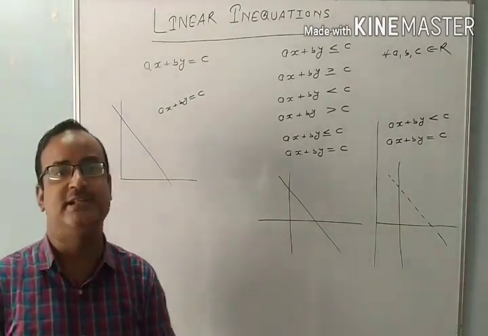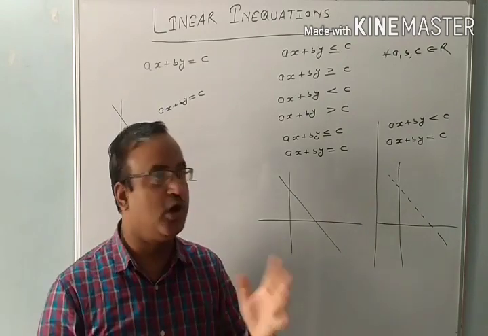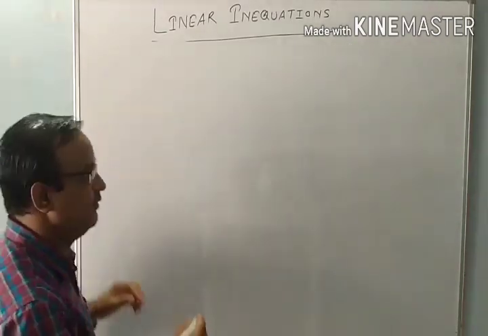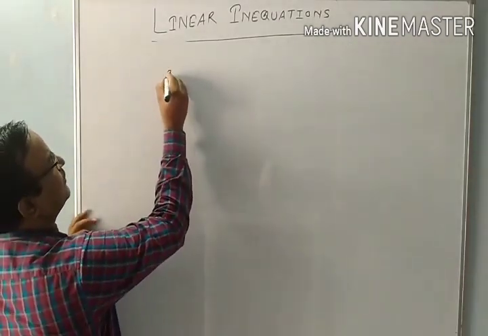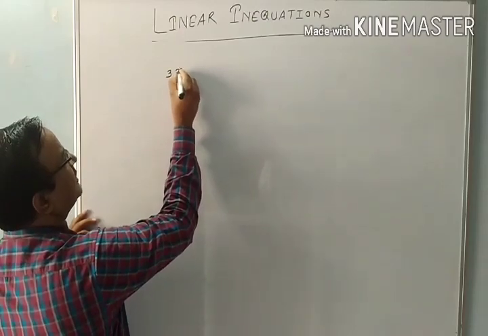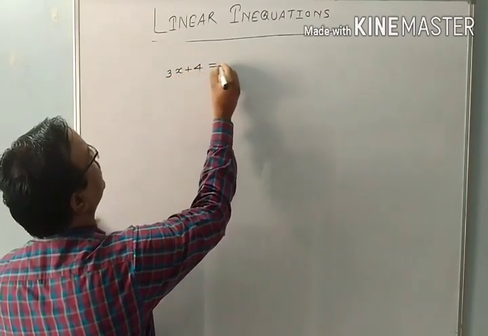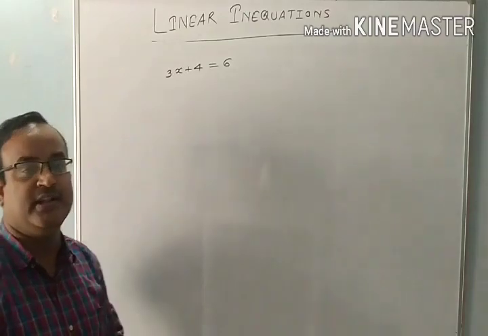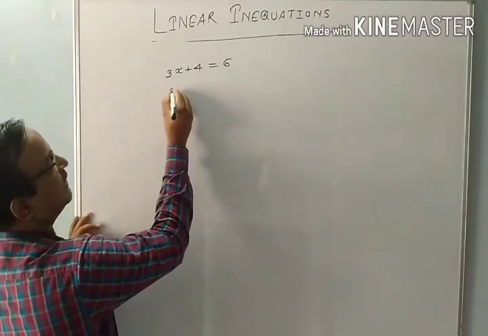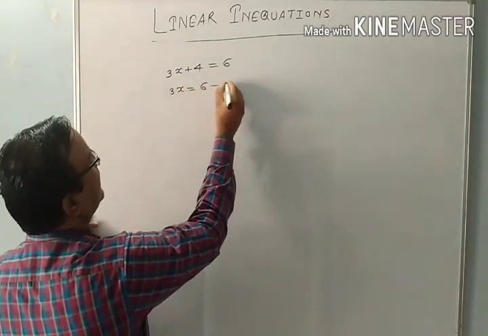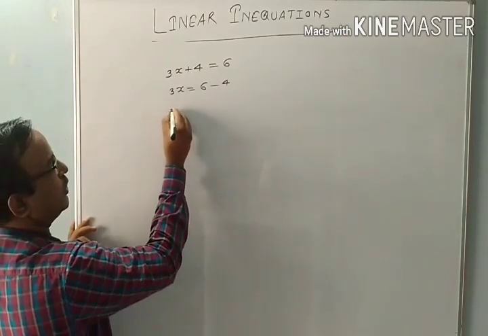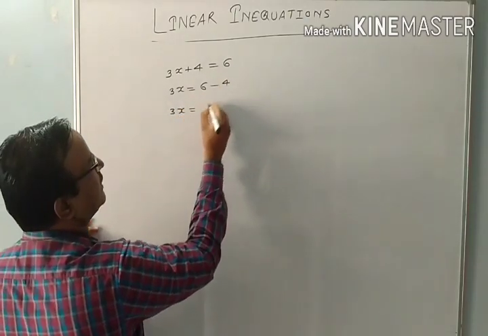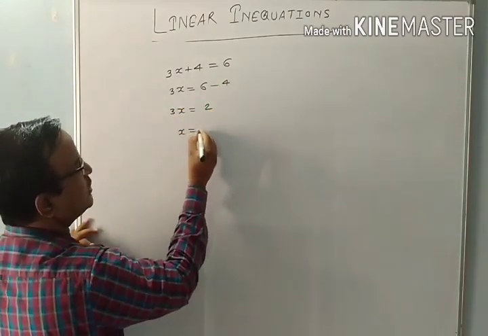And now we have to discuss how we can solve linear inequations. First, for a linear equation, suppose 3x plus 4 is equal to 6 is written. Then generally we write 3x is equal to 6 minus 4. So 3x is equal to 2. So x is equal to 2 by 3.